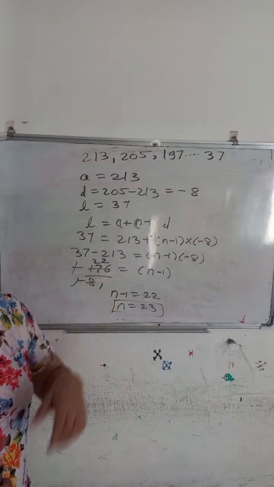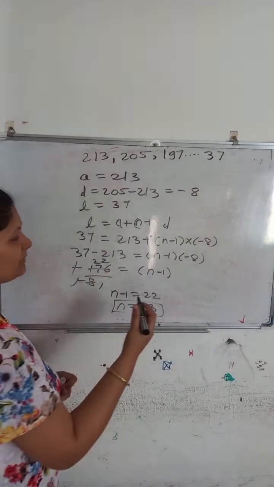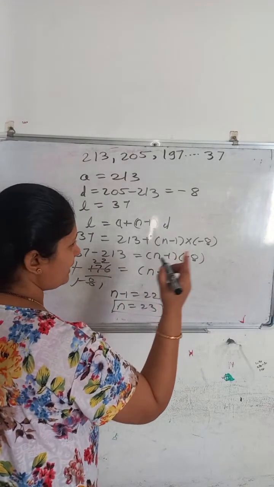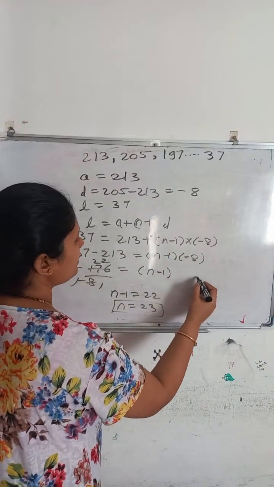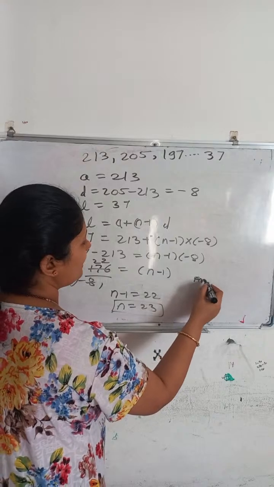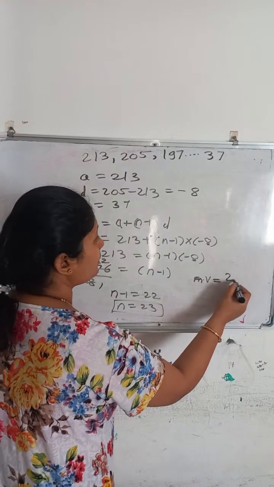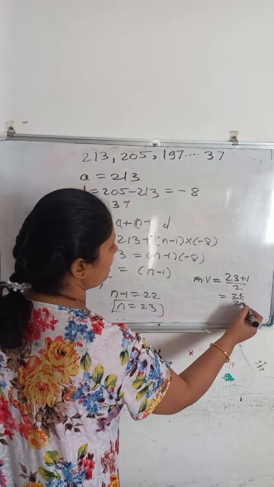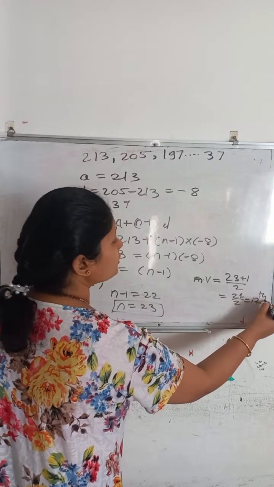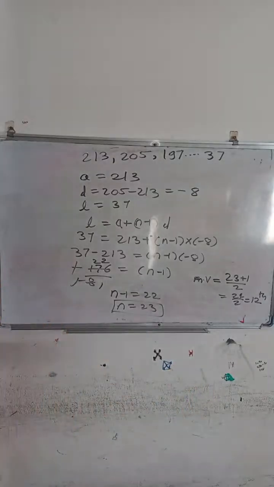But in class 9 we learned that if an odd number comes, then to get the middle value we take n plus 1 by 2. So here 23 plus 1 by 2 is 24 by 2, which is equal to 12. So the 12th term is the middle value.